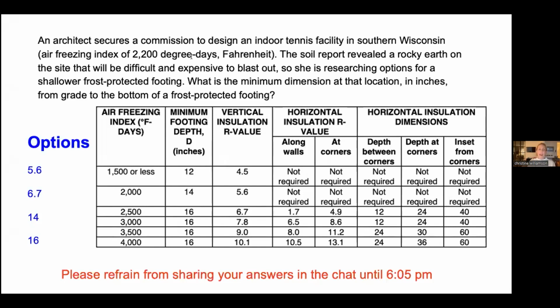Anyway, what I want to talk about is frost and foundation walls, our footings and foundation walls. I'm going to start by covering some basic principles, and I'm going to do that by showing you some images. But how am I going to show you these images? Forgive me, I'm usually a little bit more organized.